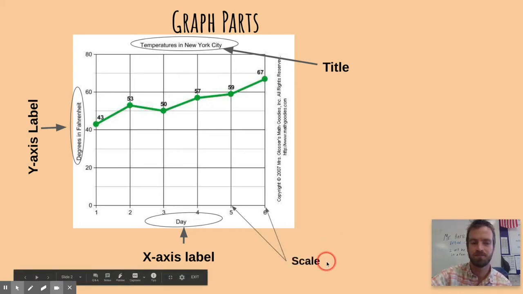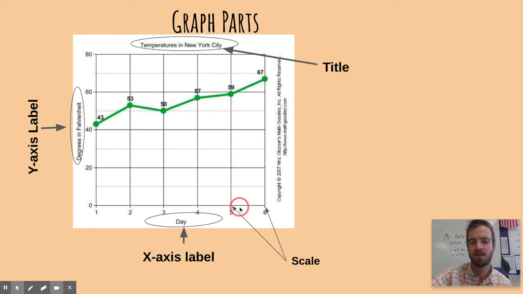Finally, we've got the scale. This x-axis has a scale of 1 day, which means that each of these little vertical lines up and down represents 1 day in between each mark. That's good. It's appropriate.